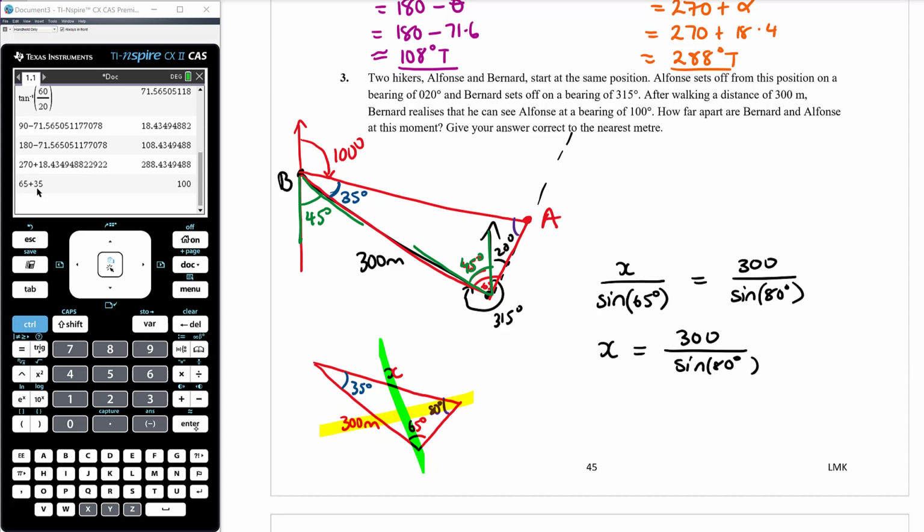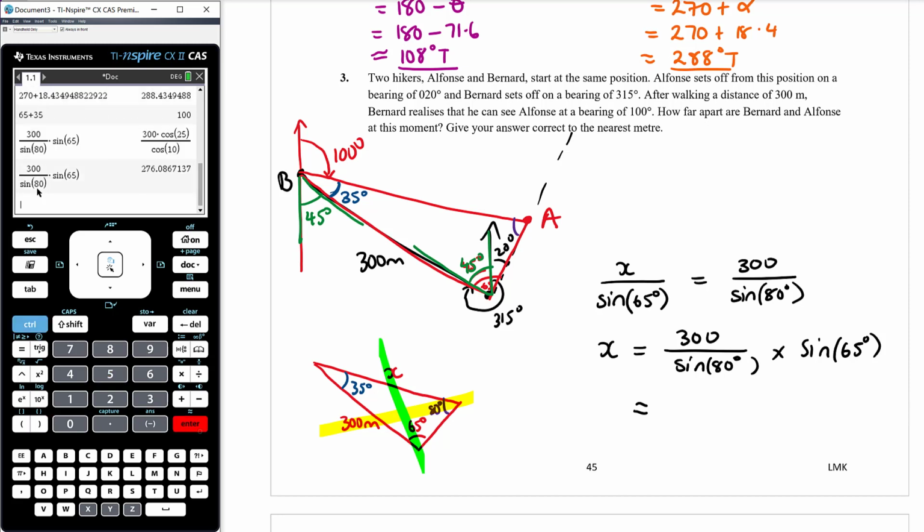So 300 over sine of 80, sorry that's a bit illegible, let's go again, 300 divided by sine 80, and then times sine 65. Control enter. And so that is approximately, what do we want? Nearest meter, 276 meters is the distance between them after Bernard has walked for 300 metres.